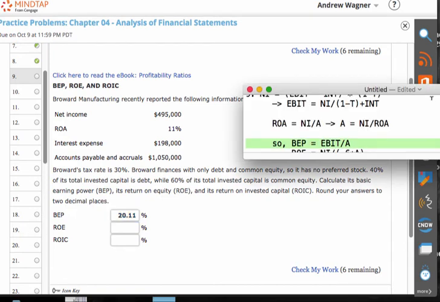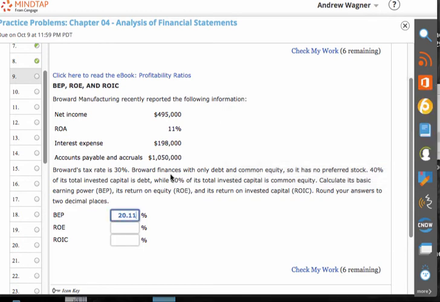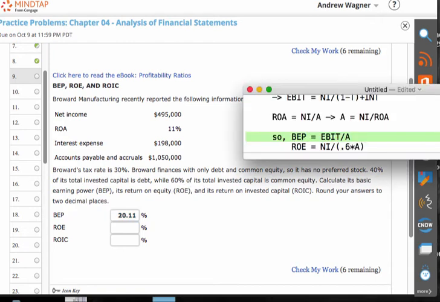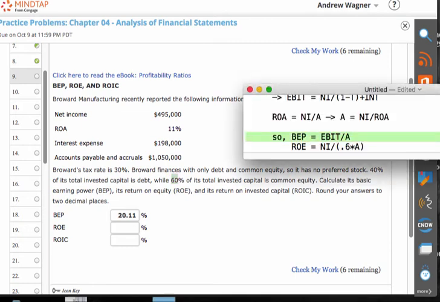Next, it asks for return on equity. Return on equity is defined as net income over equity, and we're told that total equity is 60% of financing. Here, 60% of total capital is equity, or 60% of assets are equity, since everything is financed with debt and equity, stocks and bonds.